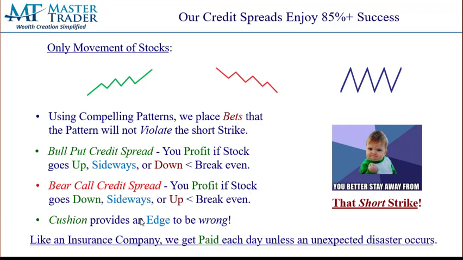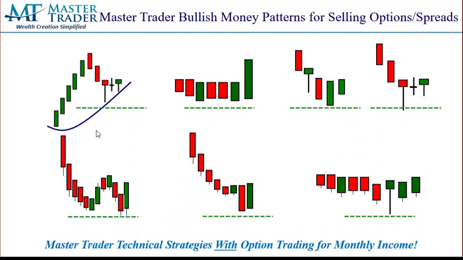Similar to an insurance company or even a casino, if you will, where they get paid over and over again because these are high odds setups. And then unless you have a disaster gap against you, then you're just managing these day by day for consistent profits.